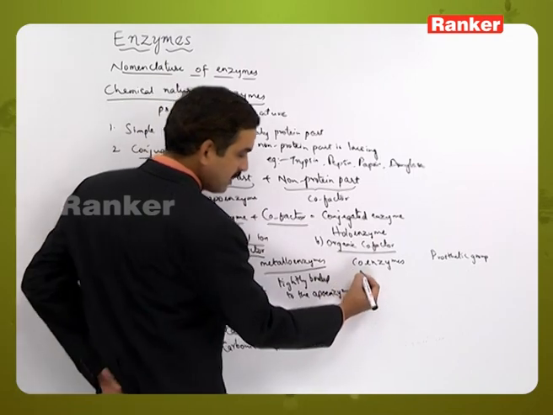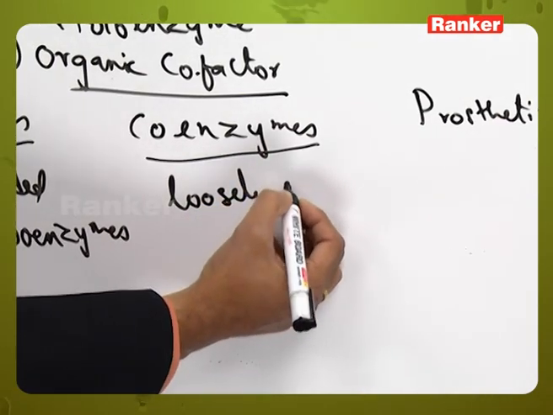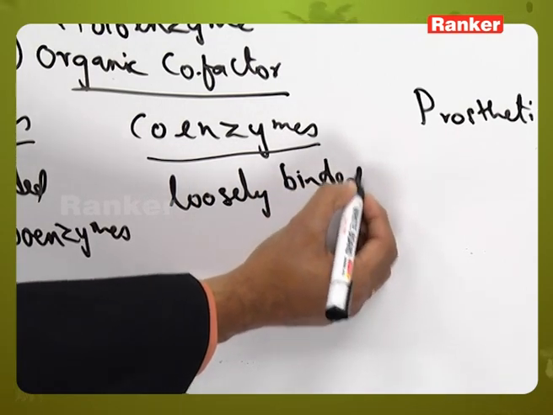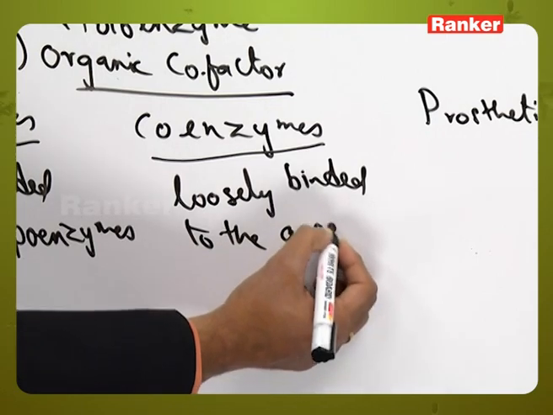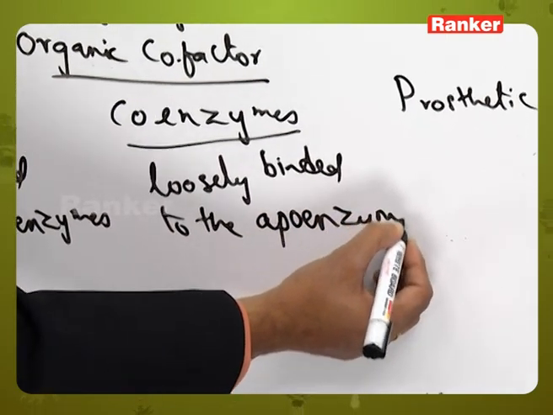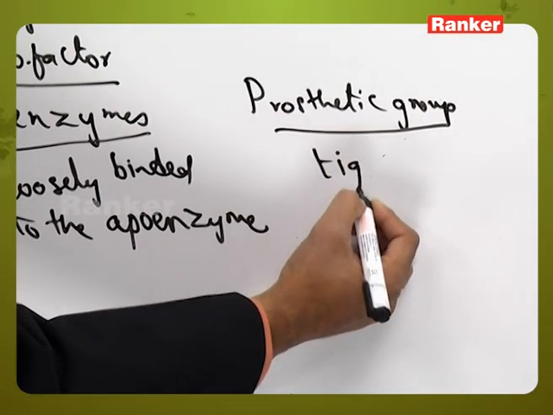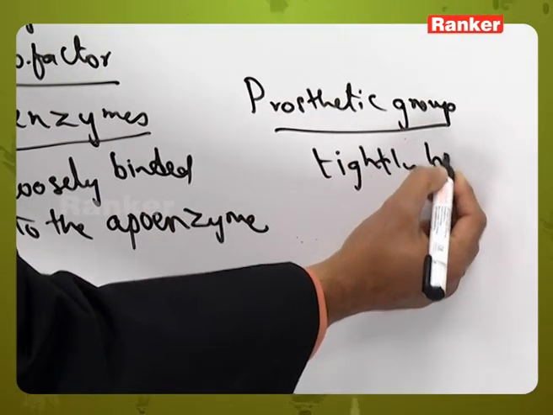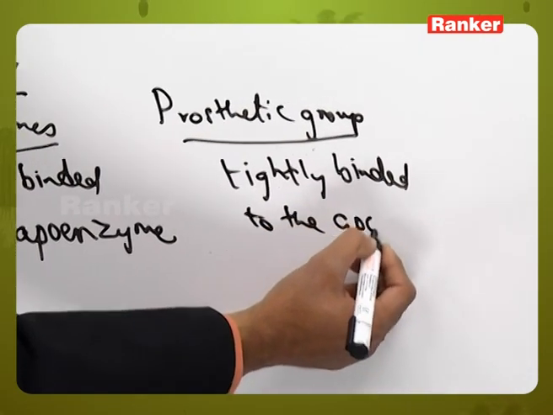Coenzymes are organic molecules which are loosely bound to the apoenzyme part, whereas a prosthetic group is one which is tightly bound to the apoenzyme part.